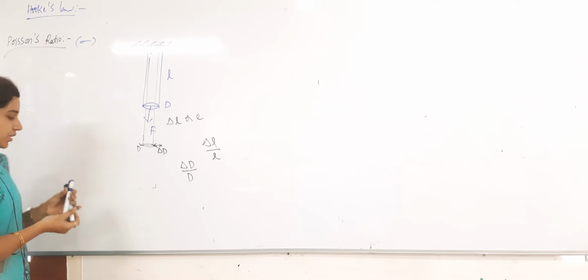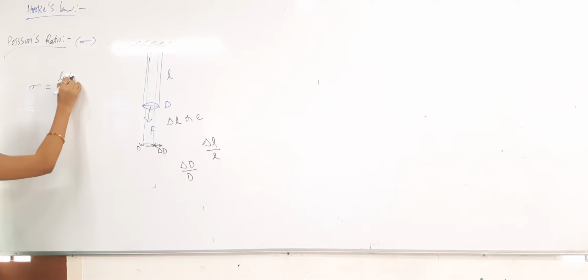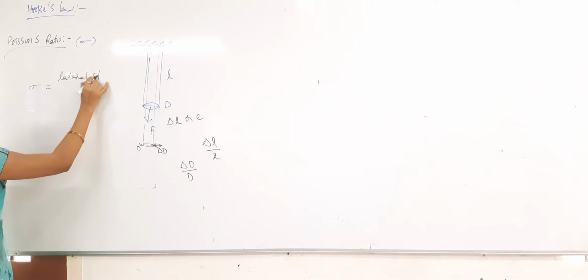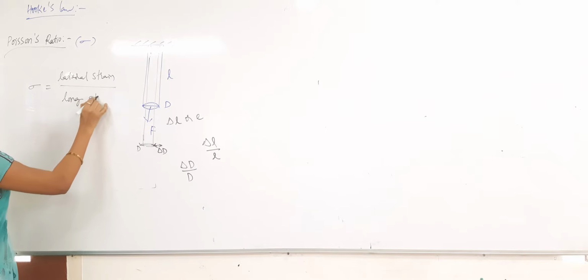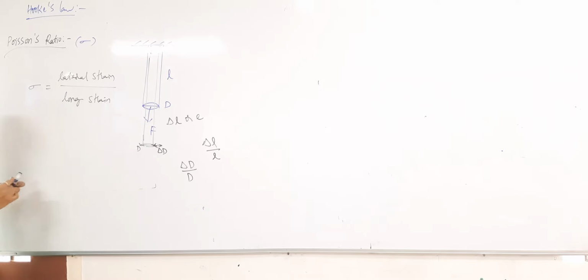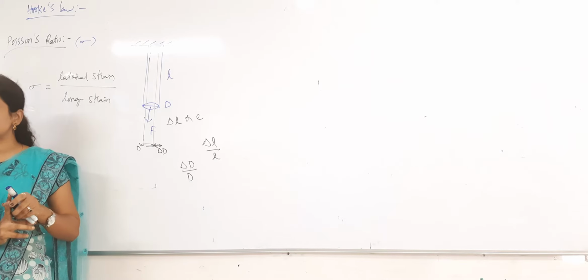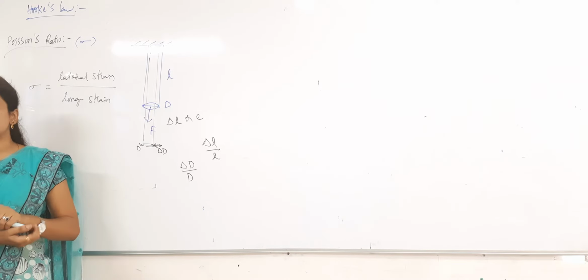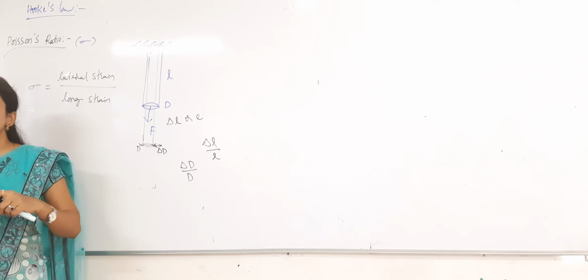So the Poisson's ratio gives you the lateral strain divided by the longitudinal strain. And whenever the length is increasing, automatically the diameter decreases. Whenever compression is happening, the length will decrease and the diameter will increase.